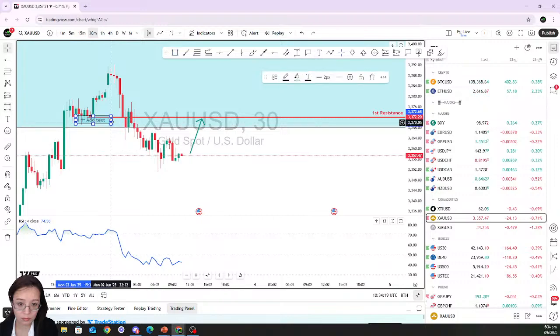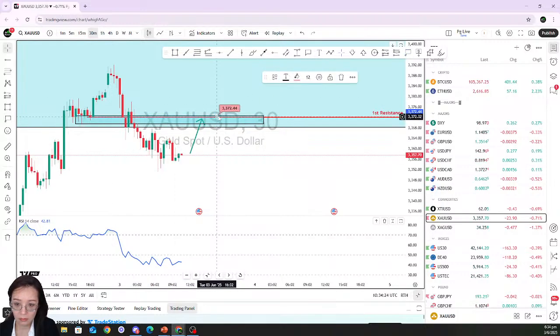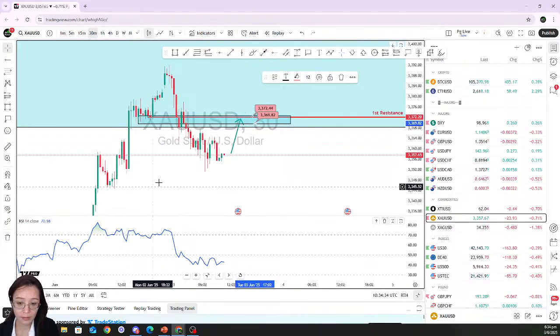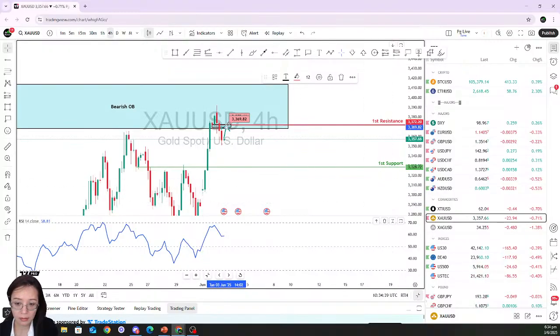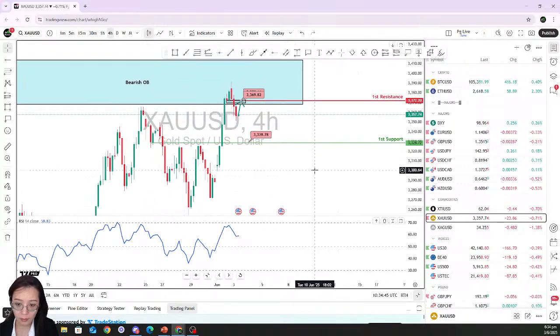So basically I give you the zone. If the pullback comes, you're going to sell around this level. If you want to buy, you buy at around 33.30 or somewhere around this support level.